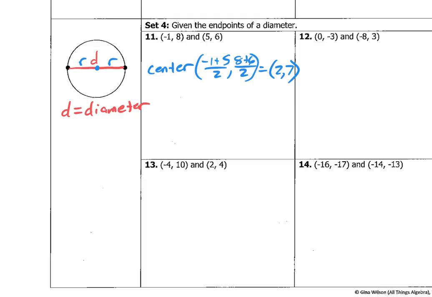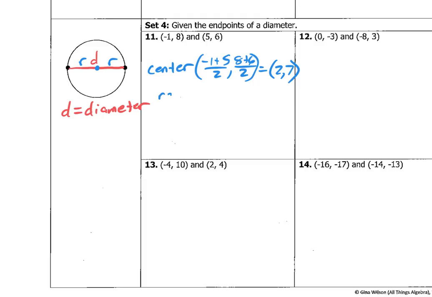It wouldn't be wrong if you use these two to find the distance and then divided it by 2, but I think it's easier to take the center and one of these 2 points, right? So, which one would be better to use? -1, 8 or 5, 6? I think 5, 6, mainly because it doesn't have a negative in it, right? I try to stay away from negatives if at all possible, because there's more errors that could be made when you have negatives in there, okay? Just easy things that can happen.